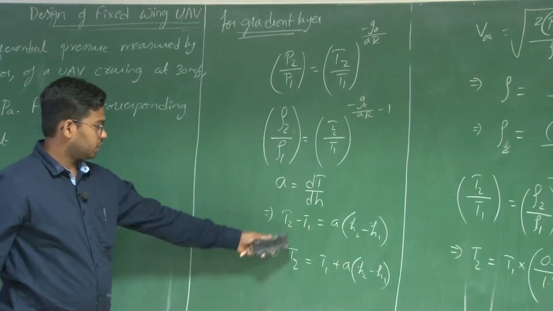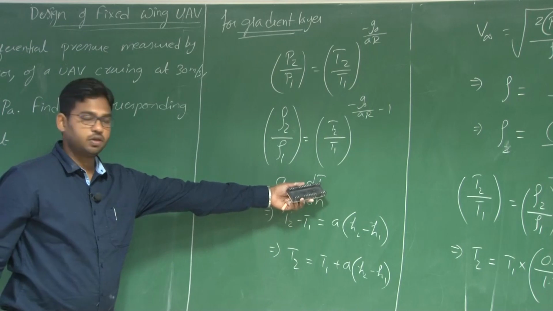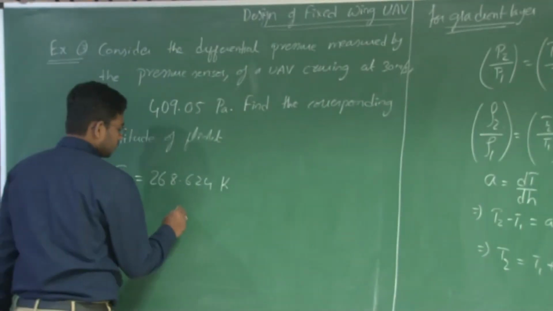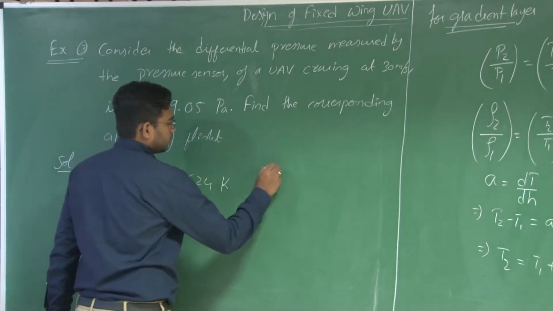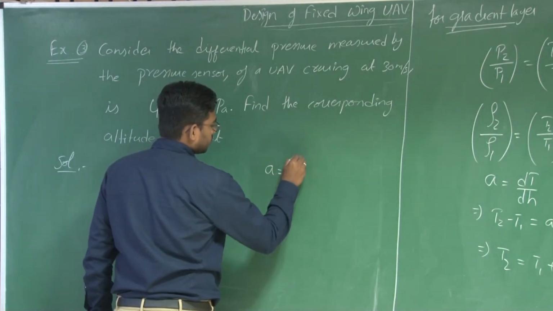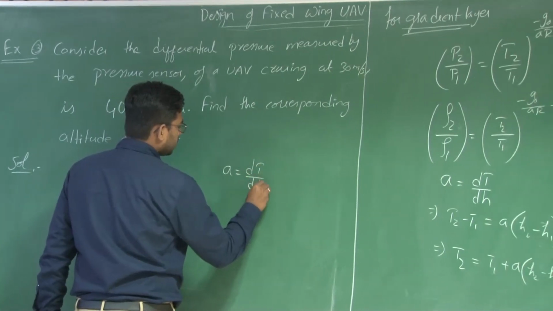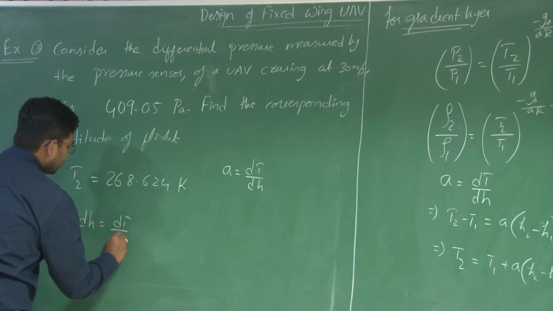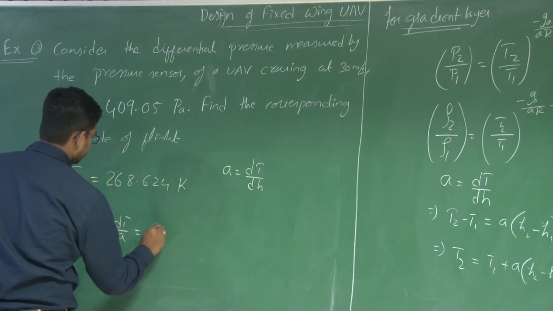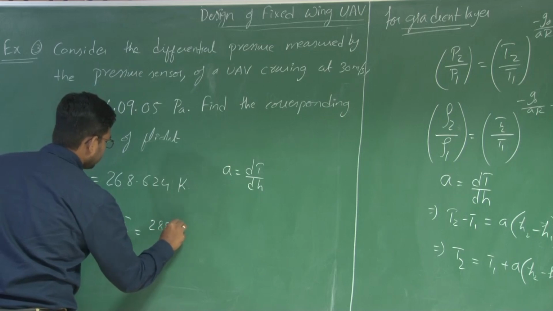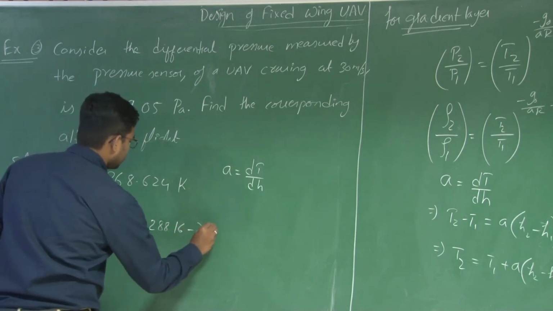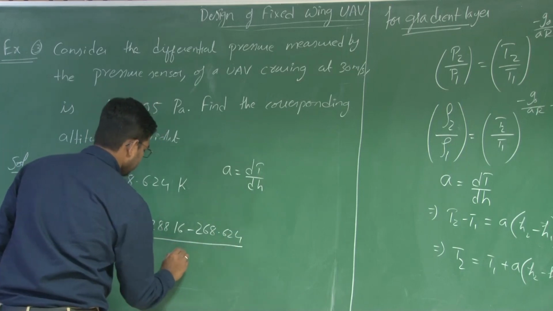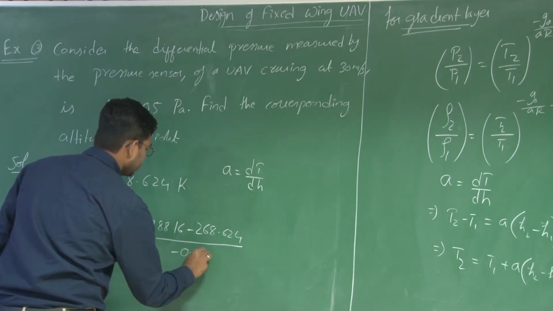Knowing T2, by using the definition of lapse rate you can find H. Since you have dT, you can find dH. Using the definition, A is equal to dT by dH, so dH is equal to dT by A, that is 288.16 minus 268.624 divided by minus 0.0065.